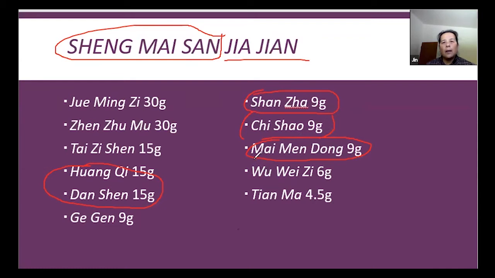Wu mei is an astringent herb with a sour flavor. Patients with yin deficiency may have night sweating, so we can use wu mei there.